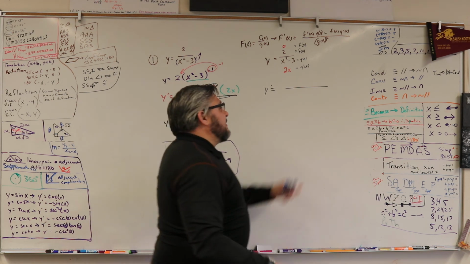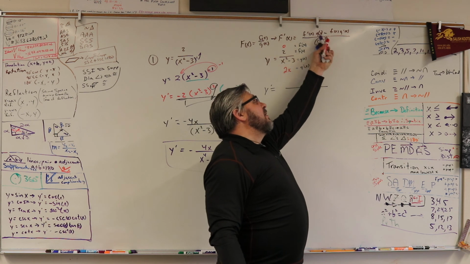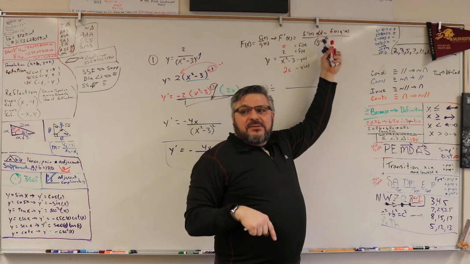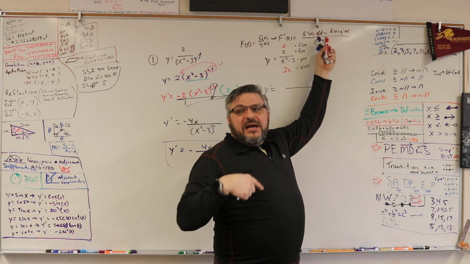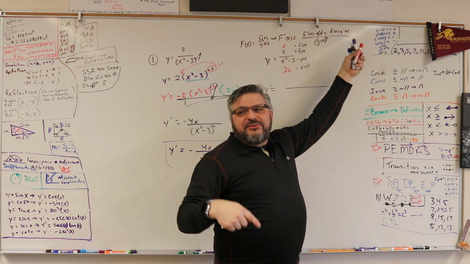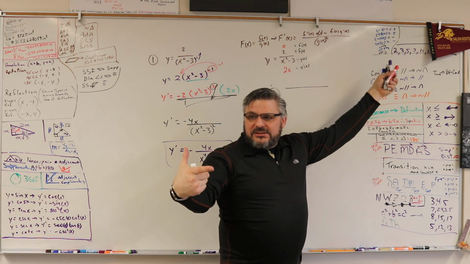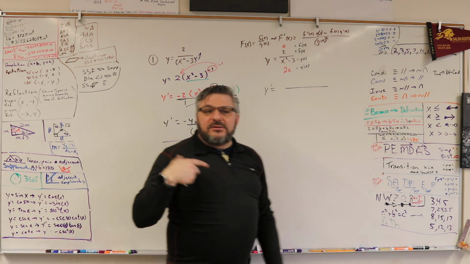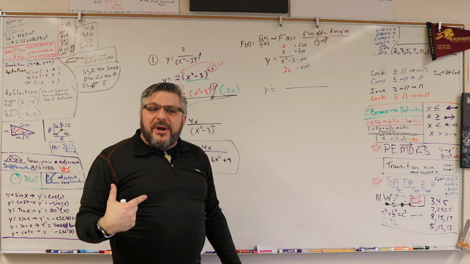So the way I look at it is, one of them is prime. For the first one, the top, you find the derivative of the top times the bottom, minus the top times the derivative of the bottom. Does that make sense? And then all over the bottom squared.